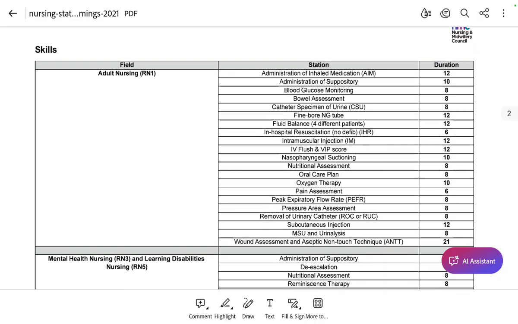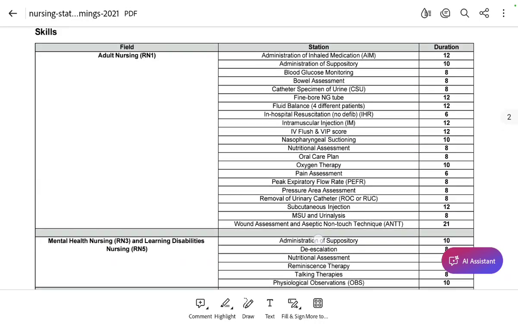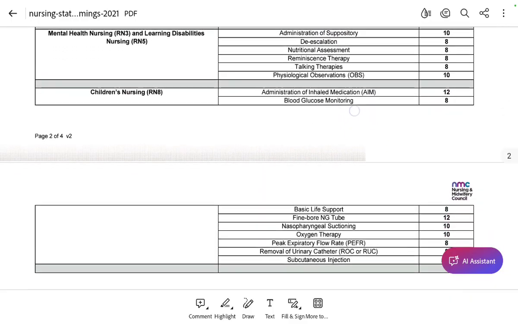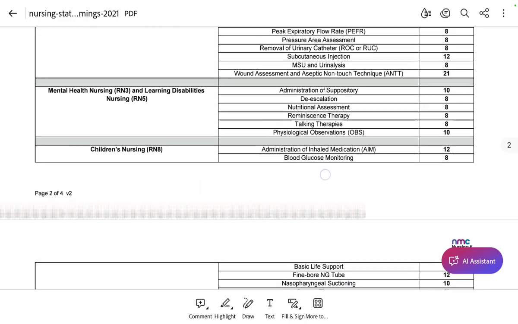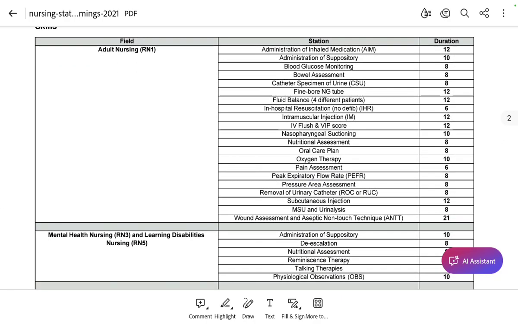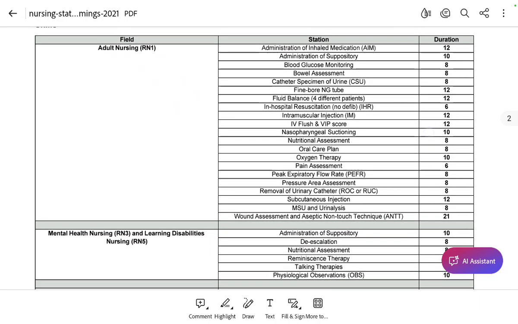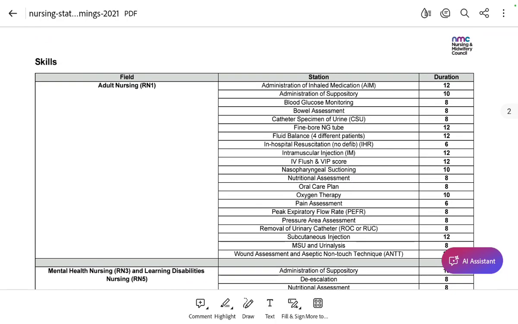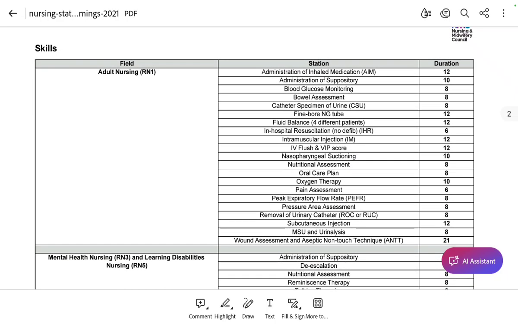Again, for the adult nursing, you will have the bulky skills compared to other categories. Here, you will find a different duration for each procedure. It was specified for each procedure. You might find from 6 minutes up to 21 minutes according to the skills that you are going to demonstrate.